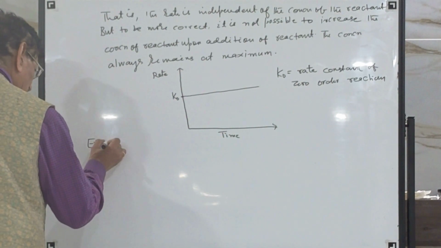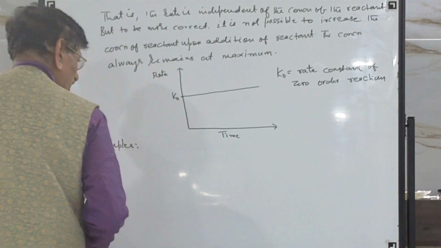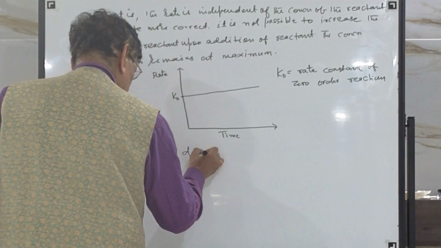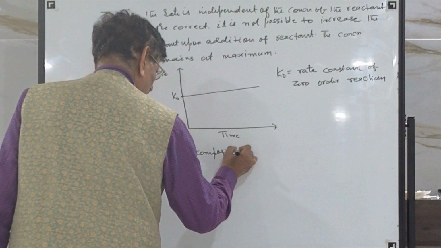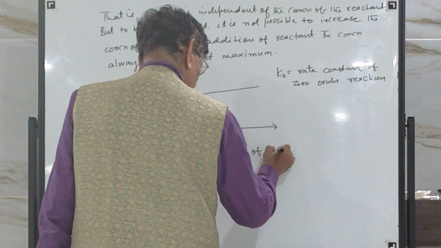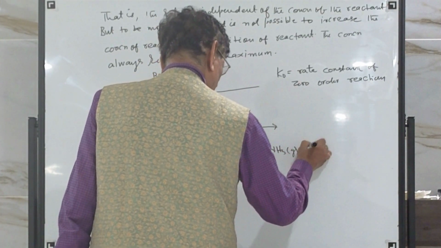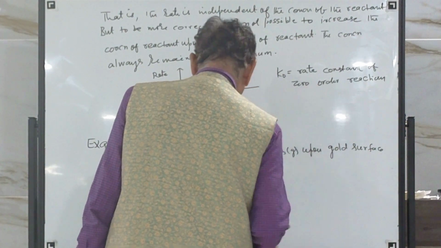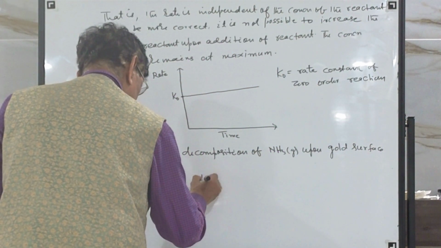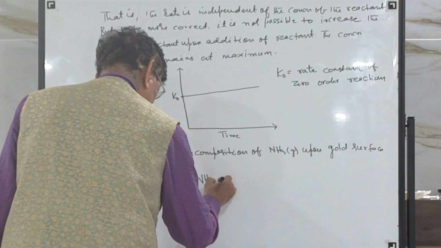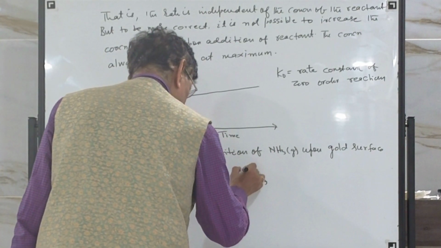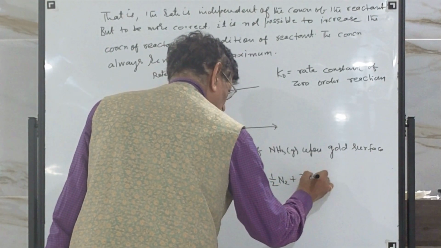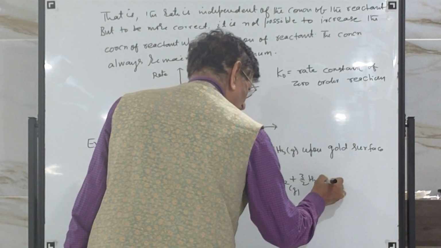Examples of zero order reactions are the decomposition of ammonia gas on a gold surface: 2NH3 gas, on gold, gives N2 gas plus 3H2 gas.